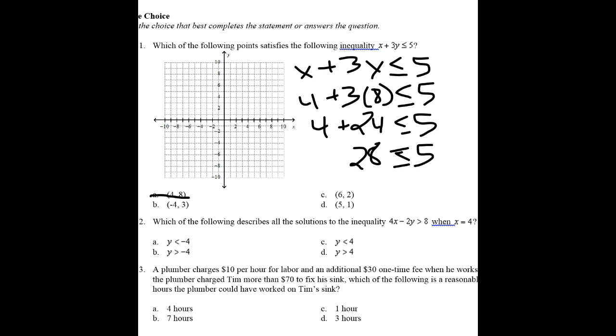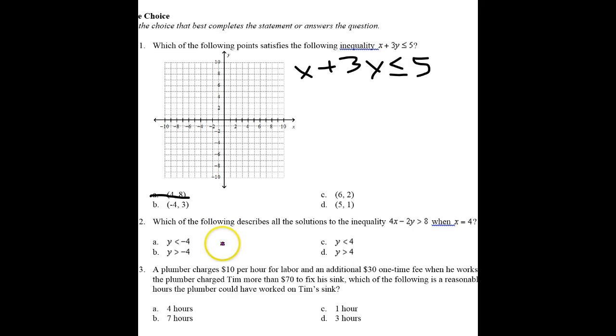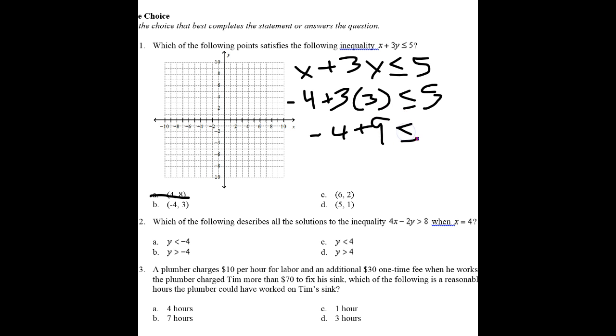And now I have to do the same thing again to answer choice B. I'm going to plug in the negative 4 for the x, plus 3 times 3 is less than or equal to 5, and I end up with negative 4 plus 9 is less than or equal to 5, and negative 4 plus 9 is the same thing as 5, so I end up with 5 is less than or equal to 5, which I of course know is true because 5 and 5 are equal.